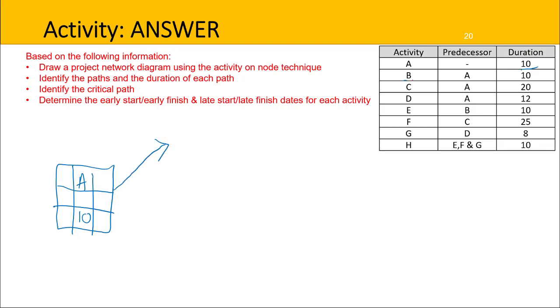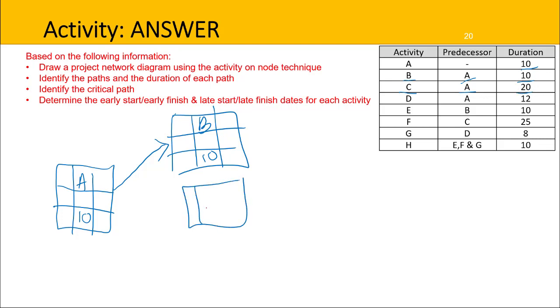From there, activity B has a predecessor A, also a duration of 10. C also has a predecessor of A, and the duration is 20. And then D also has a predecessor of A and a duration of 12.